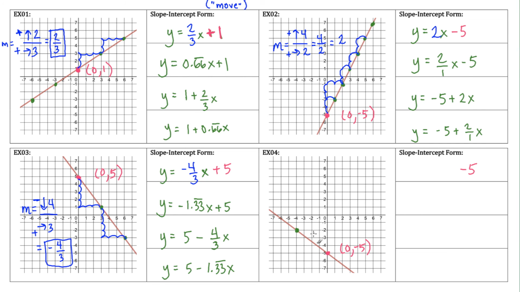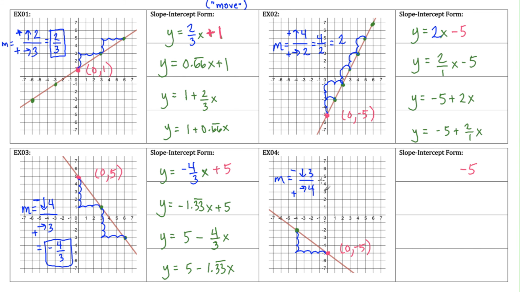So remember, when I do my slope, I like to go from left to right, left to right. So I'm going to start at this one. 1, 2, 3, 1, 2, 3, 4. So down 3, right 4. Down is negative, right is positive.